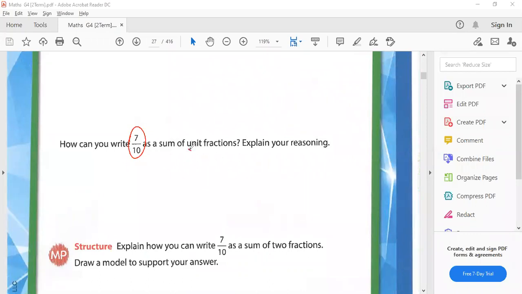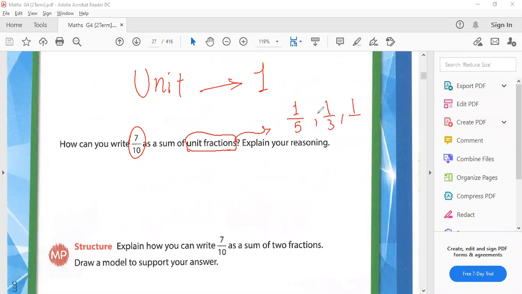What is the meaning of unit fractions? That is a new concept. Remember, the word unit means one. So a unit fraction is a fraction whose numerator is 1. It is 1 over another number: 1 over 5, 1 over 3, 1 over 7, 1 over 12.